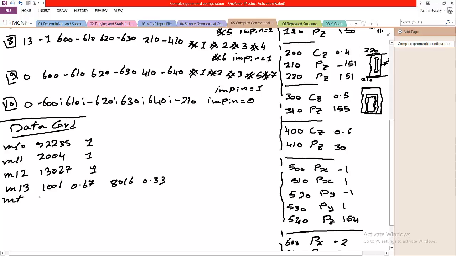And of course, don't forget the material treatment of light water was different in the calculations. Let's write this code in a text file and check whether it works or not.